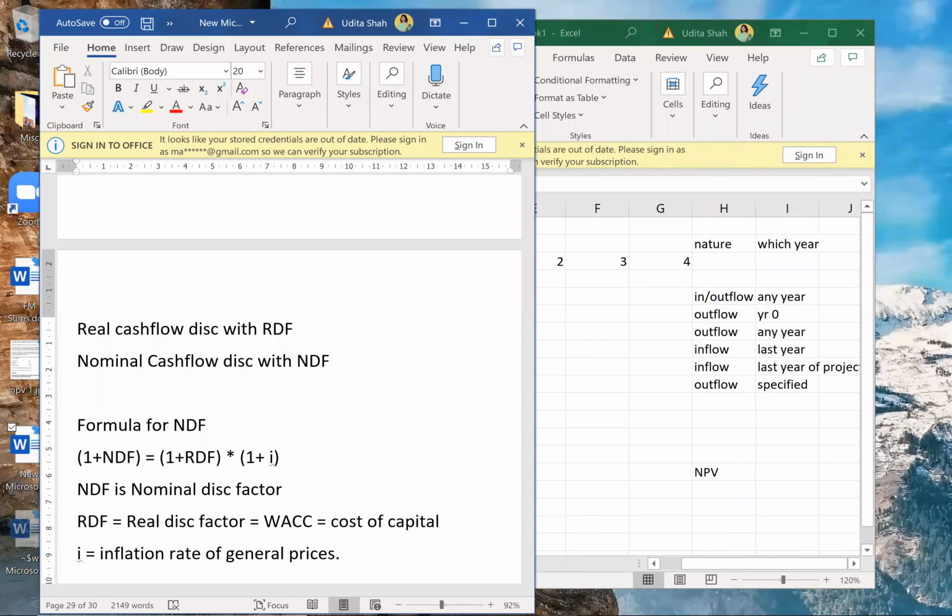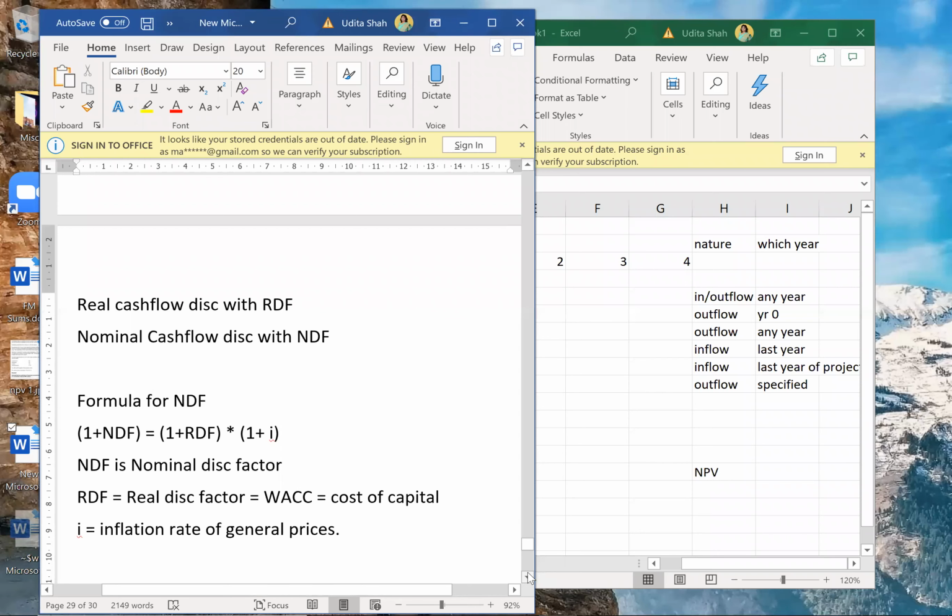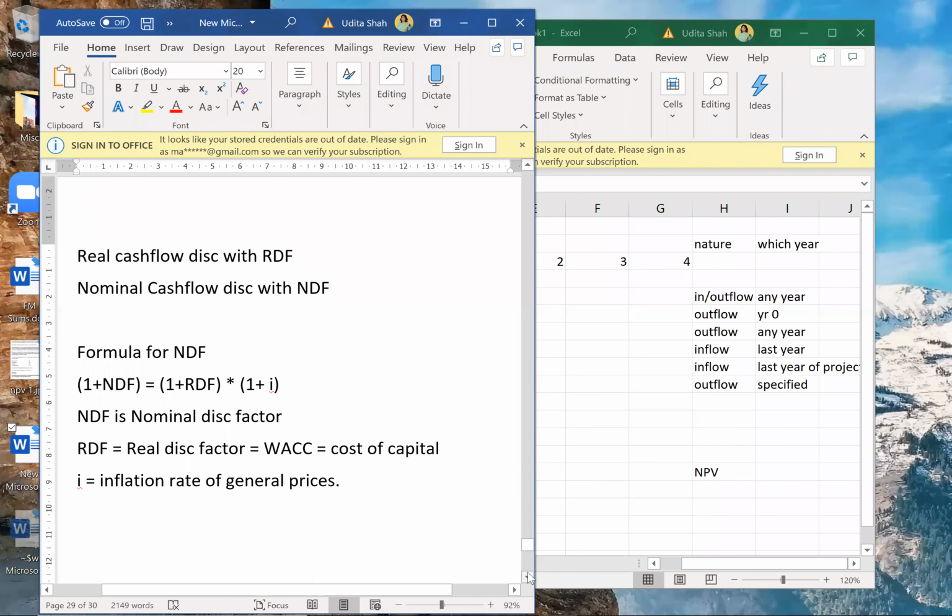So here, I means the inflation rate for general prices. That is the new concept of NPV. Same NPV logic, but now we'll solve the entire NPV sum with inflation.